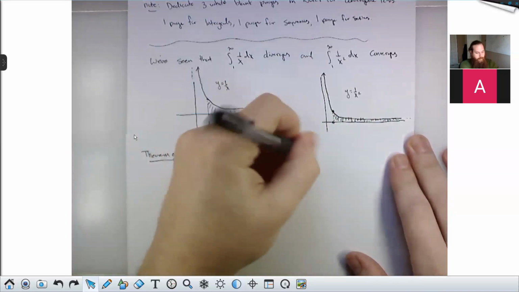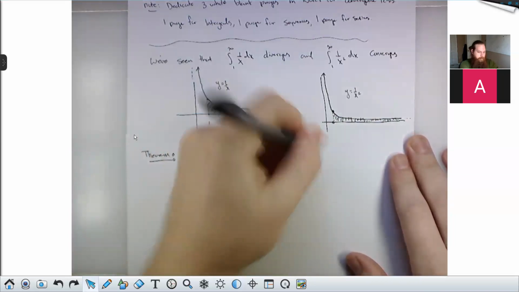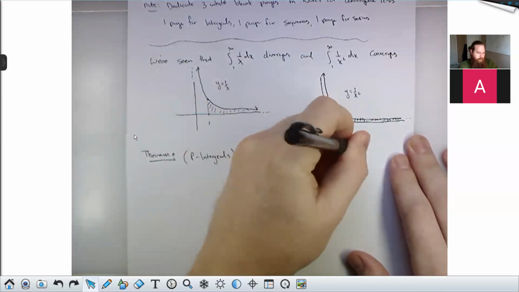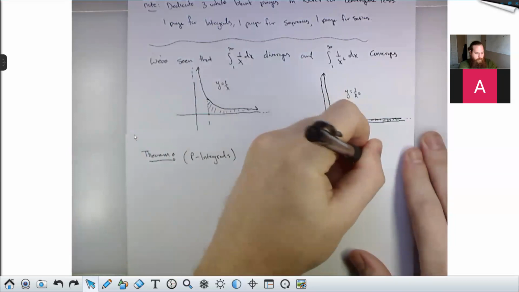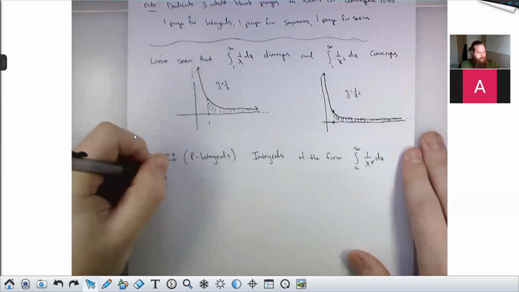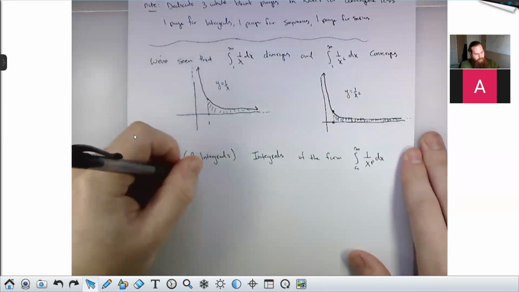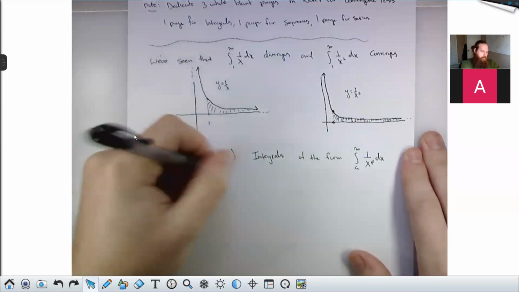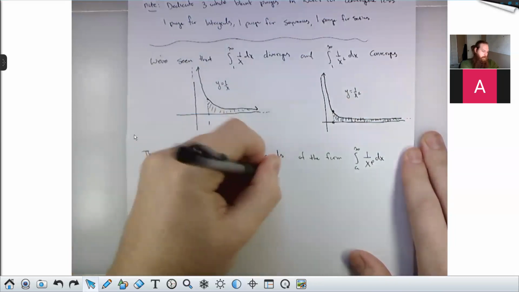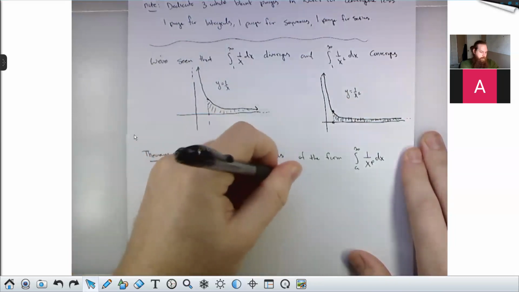Integrals of the form integral a to infinity of 1 over x to the p dx, where a is a positive number, are called P integrals.